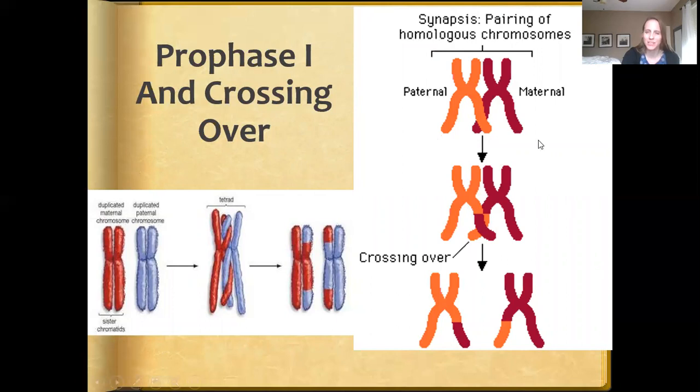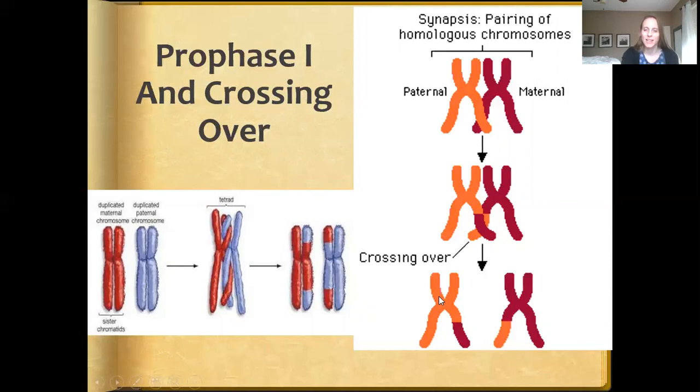So this is the tetrad. You've got the two homologous chromosomes, in this case the orange and the red. One is the paternal version, which is the version that came from your dad. The maternal version came from your mom. So they'll pair up, and then the two sister chromatids that are in the middle will swap some of their alleles when they intertwine with each other.